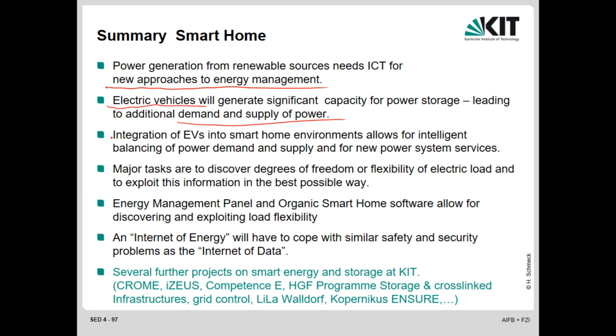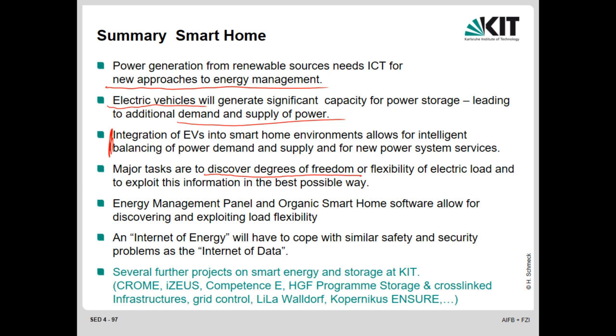So if you integrate them here, that's what is stated there. You can integrate electric vehicles in an intelligent way in the smart home environments, and then increase the degree of flexibility that you can actually offer. If we talk about flexibility of demand, we have to be able to discover the degrees of freedom inside a house.